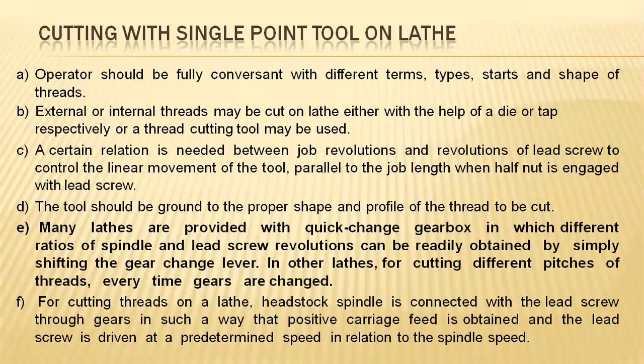Here, the work tool is moved over the job at which we need to have a threading, which will be engaged with respect to the lead screw. That is nothing but when the half nut will be engaged with respect to the lead screw.